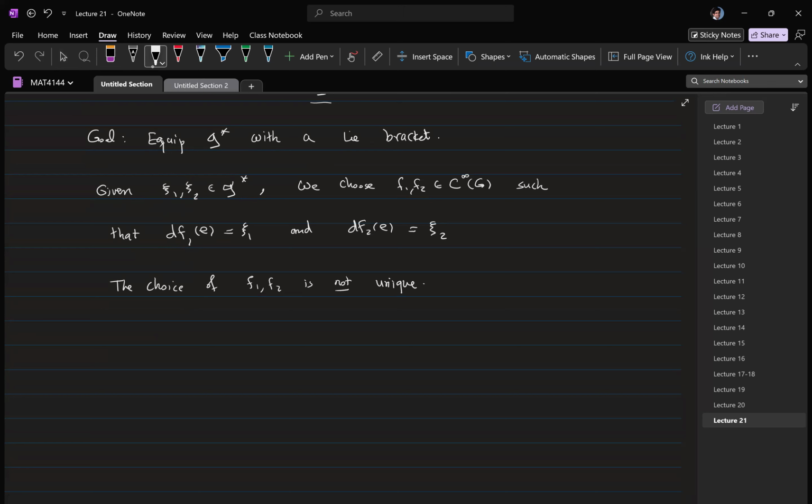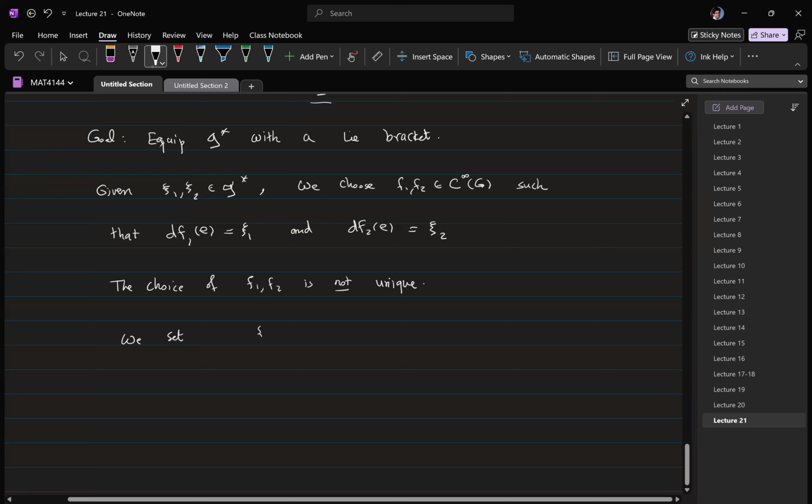Well, we had this Poisson structure on capital G. Okay, that was by the assumption. Okay, so now we set, well, we first compute the Poisson bracket of these two. This is now a new function on capital G. And now we differentiate this function and evaluate at the identity. So this is another element in G star.